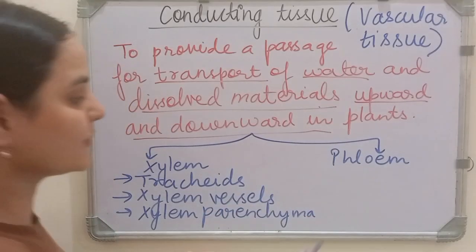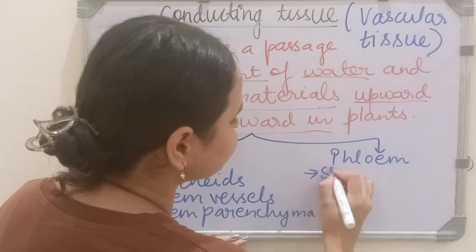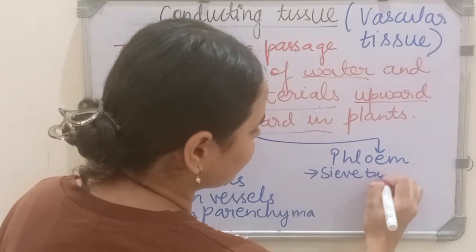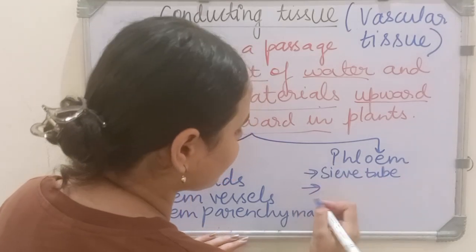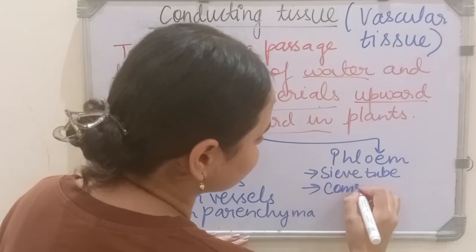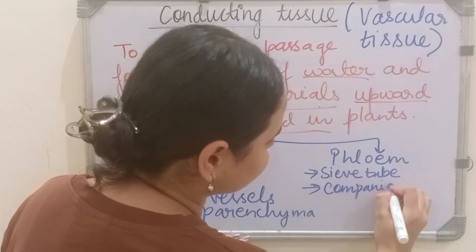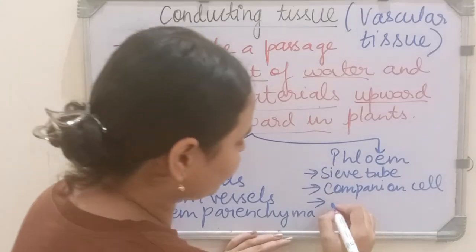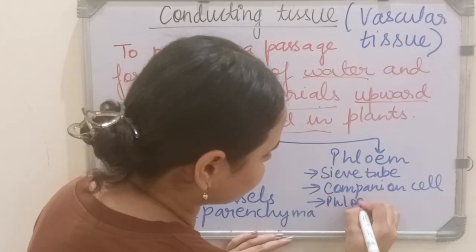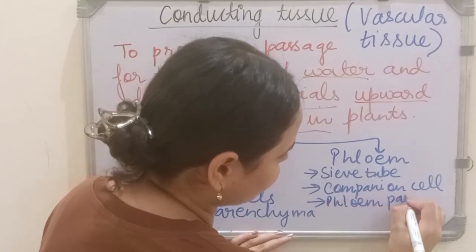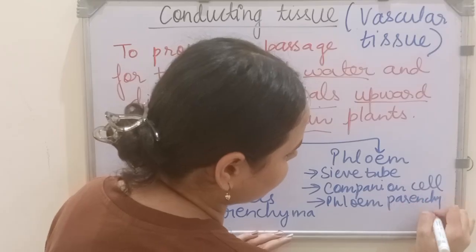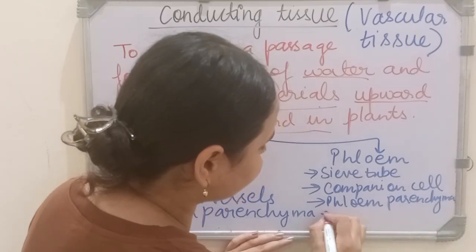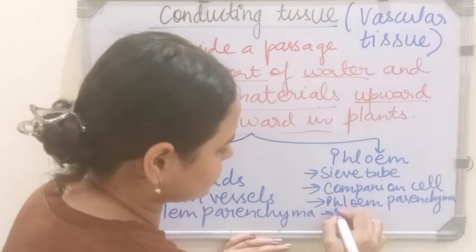Okay, in phloem we will study about sieve tube, then companion cell, then phloem parenchyma, and phloem fibers.